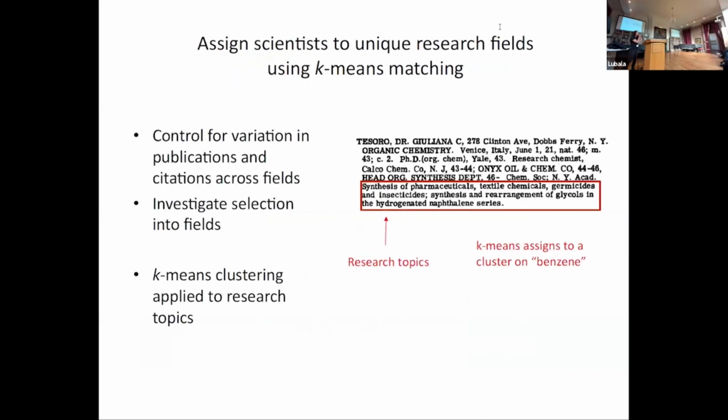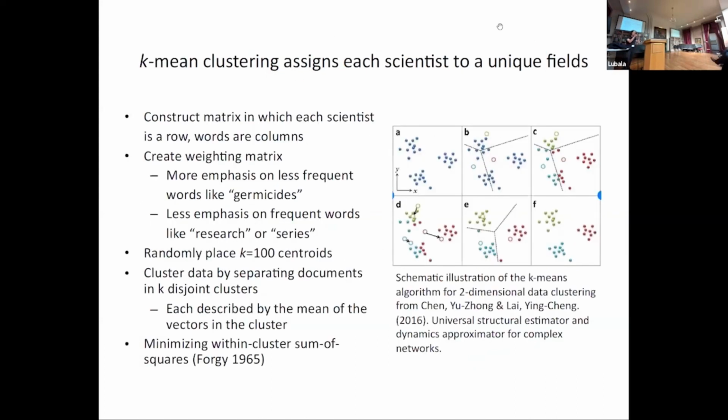And then we use the topics that scientists use to describe their own research. We apply k-means to that, which is the most simple text analysis you can possibly do, to assign each scientist to a unique research field. So what does that mean? We take the text that describes a scientist's research field. Each scientist is a row, each word is a column, and if that word shows up in the words that describe your research, it's a 1, otherwise it's a 0.